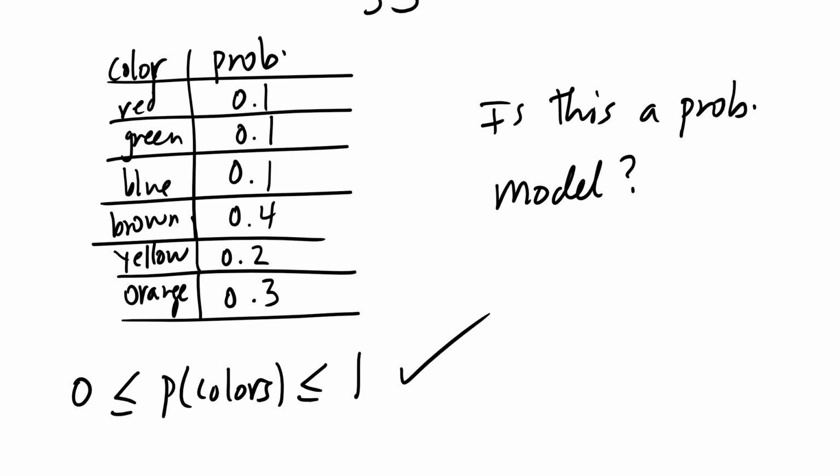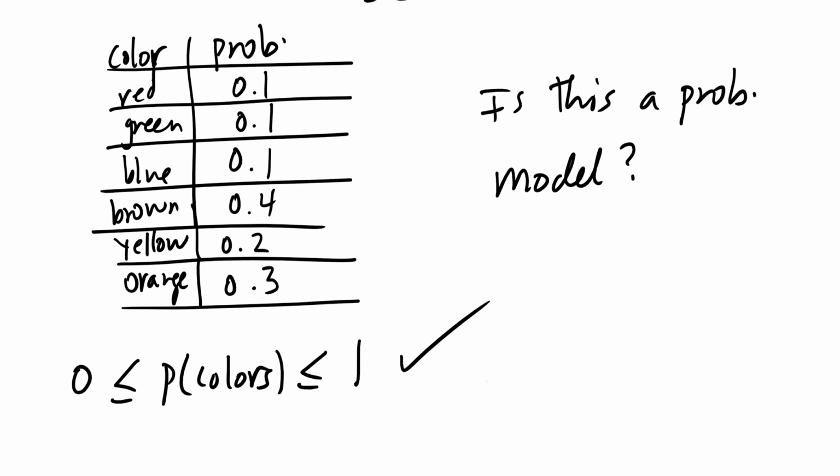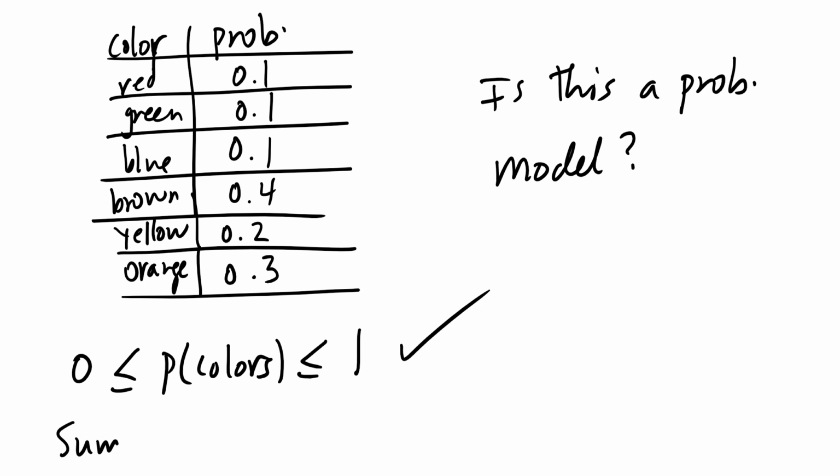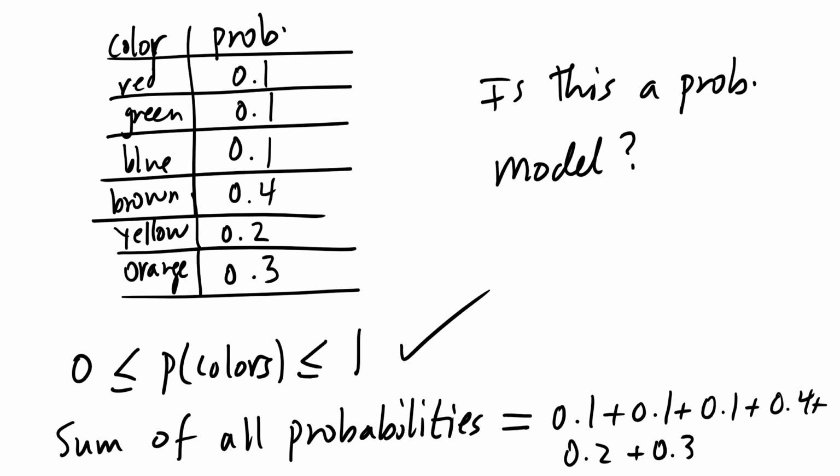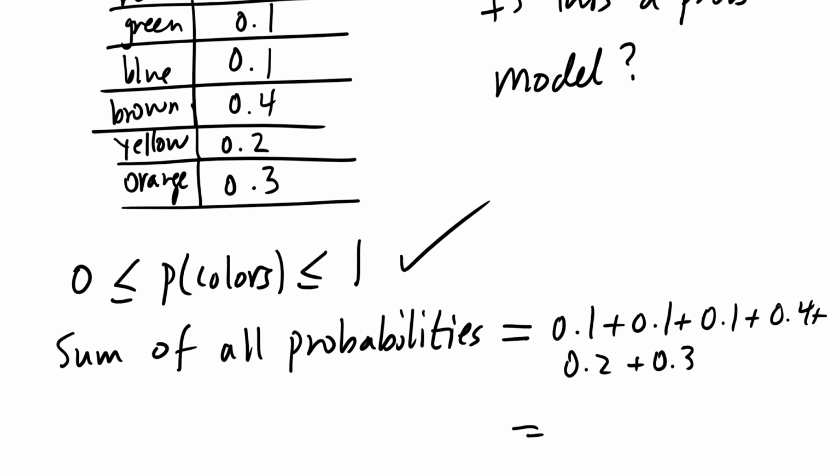The next condition is the sum of all these probabilities should add up to 1. Let's see if it's 1. 0.1, 0.1, 0.4, 0.2, 0.3. What does that give us? 0.7, 0.9, 1.2. It's not 1. So it's not a probability model.